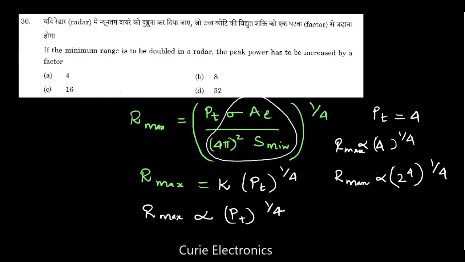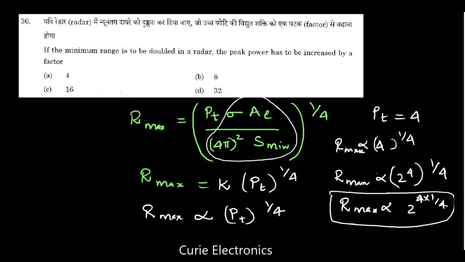So R max directly proportional to 2 to the power 4, 2 to the power 4 means 16 to the power 1 by 4. And now R max directly proportional to 4 multiplied by 1 by 4. This 4 cancels. So from here we can see, when we increase the transmission power 16 times, the range increases by 2 times. So the answer is option C is the right answer.